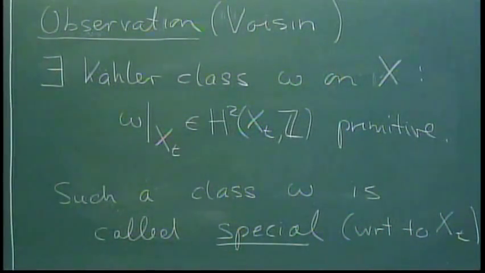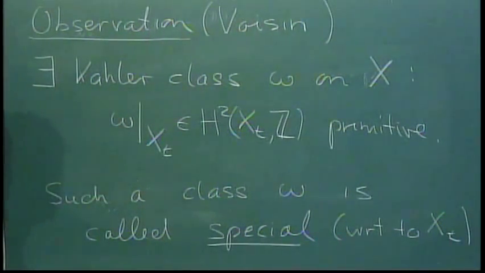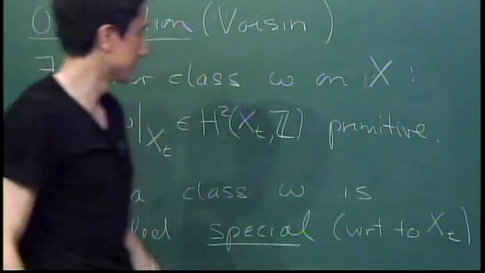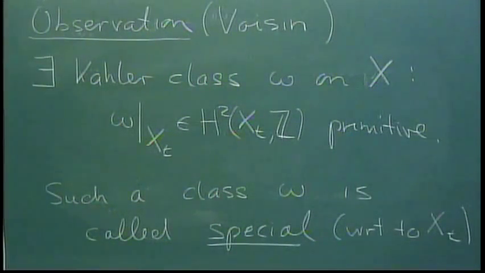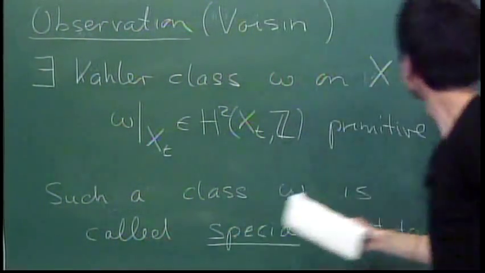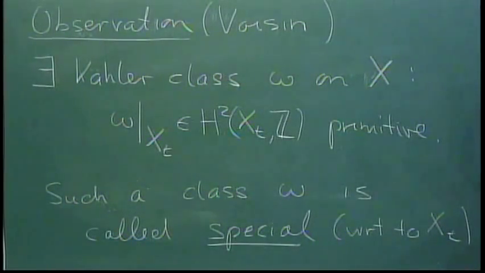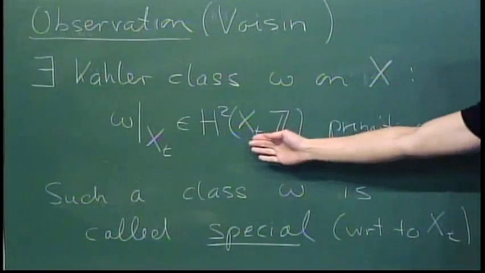But this has nothing to do with special Kähler geometry. I just haven't found a better name for it. So we have a restriction of a Kähler class to our smooth fiber X_t, which is integral.